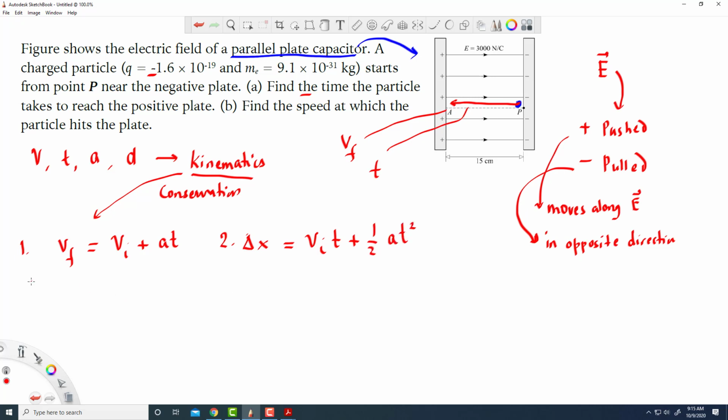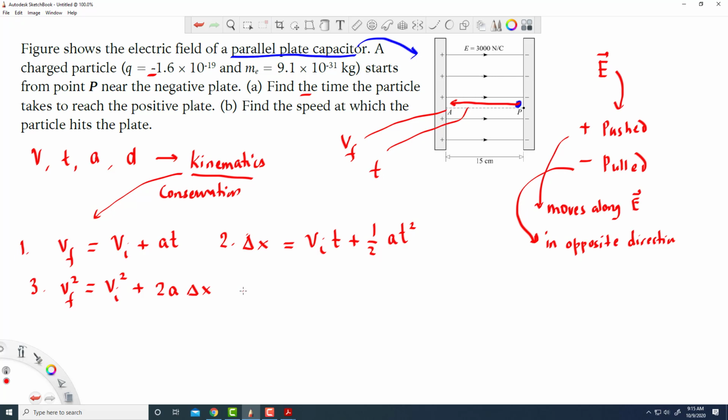And we also have this formula: V final squared is equal to V initial squared plus 2a delta x. So we need to use one of these three formulas to find these things.